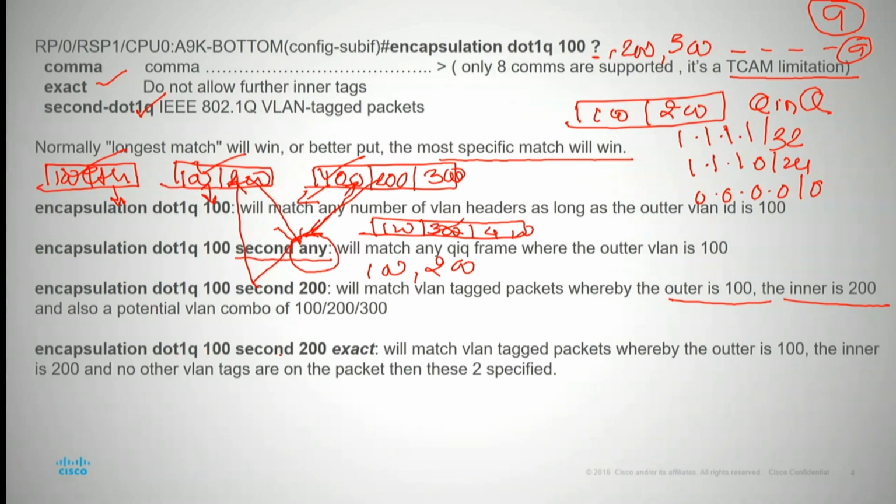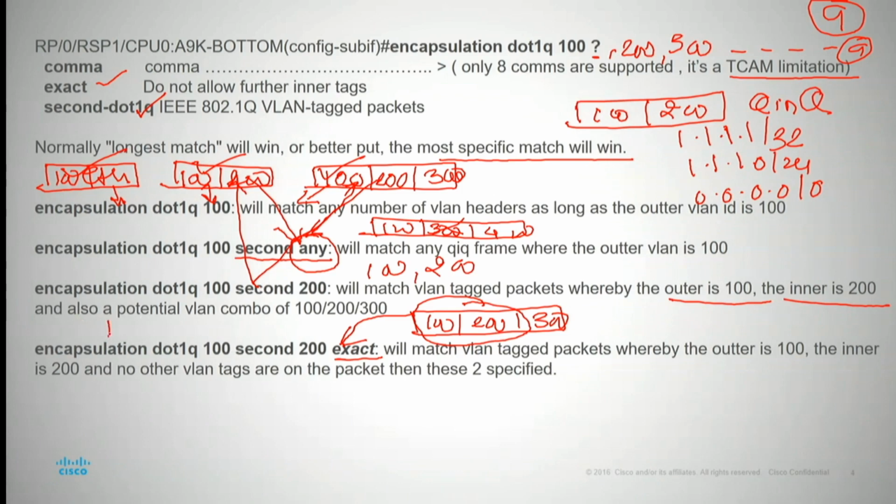Encapsulation dot1q 100 second-dot1q 200 exact. Suppose a frame comes with 100, 200, 300; it will not match this sub-interface because there are 3 VLAN tags. Only a frame with 100 and 200 will be an exact match.